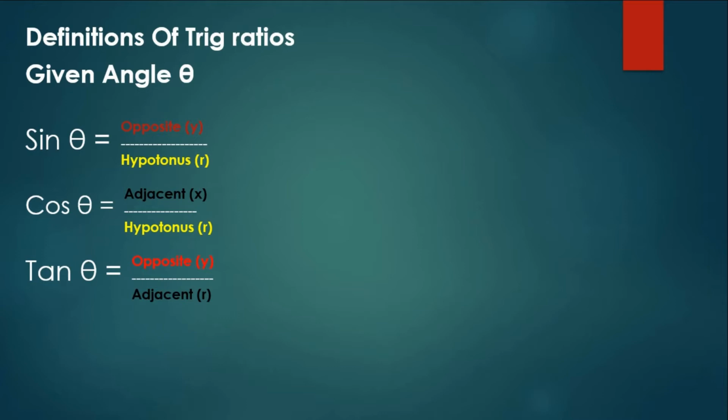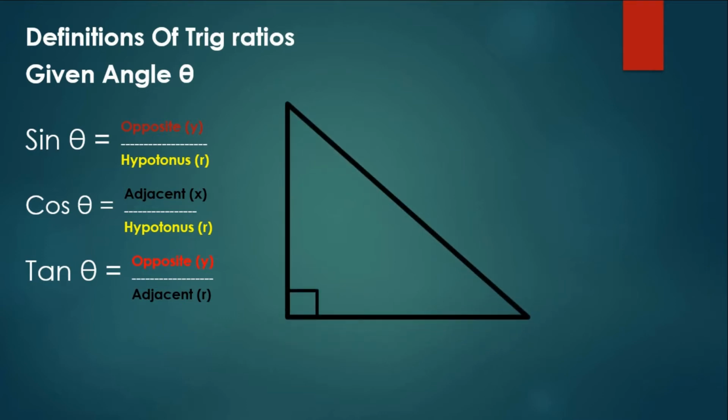Now, how do you know which is the adjacent side, the opposite, or the hypotenuse? Here's our triangle and our given angle theta. Obviously the longest side, the slope, is our hypotenuse. Then the other side is the opposite side.